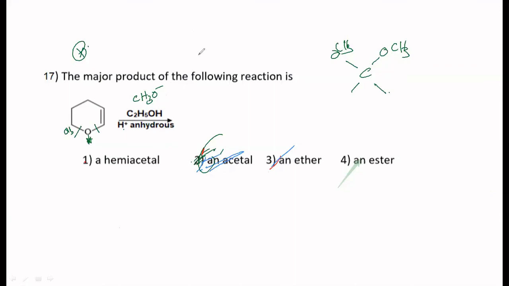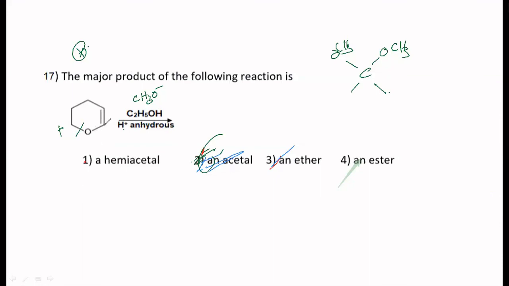It will not remain as an ether after the reaction, isn't it? It has to change, correct? So you have to break the bond at the appropriate position. You have to break it here. This will be positive, OCH3 comes here. This is going to be OH, and eventually that will also be substituted.